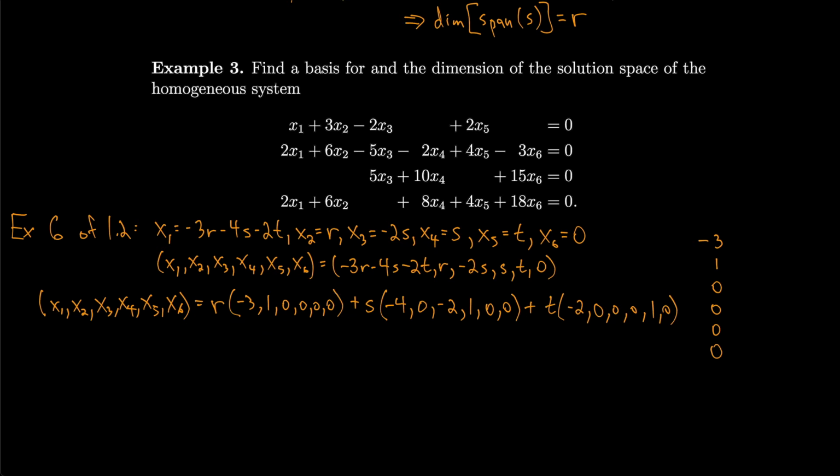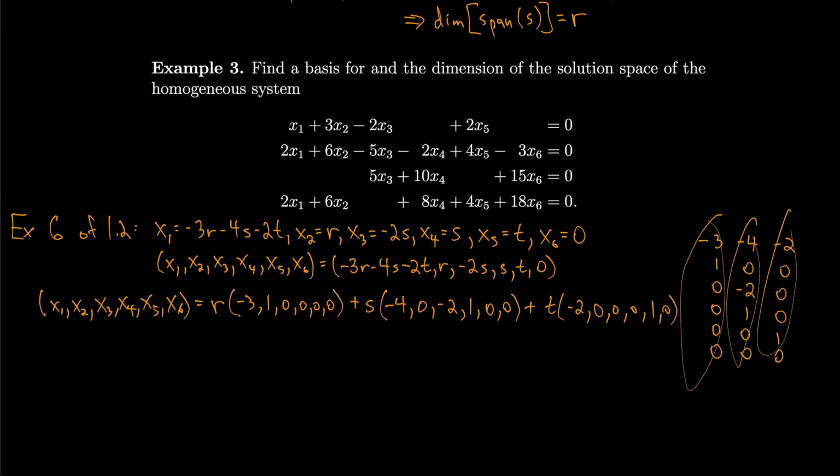Then I could write minus 4, 0, minus 2, 1, 0, 0, minus 2, 0, 0, 0, 1, 0, and I could set that as these 3 column vectors for these guys over here. I could set that equal to 0, 0, 0, 0. Well, 6 zeros, really.